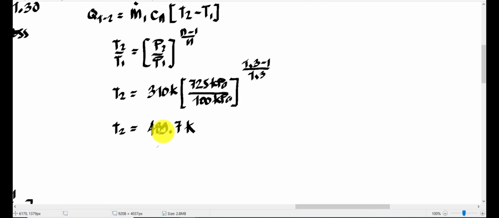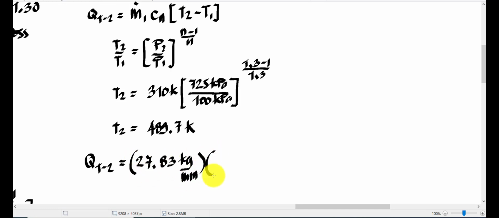So let's continue our solution since we already have the values. We can compute the heat rejected during the compression stroke. For the mass flow rate, that will be 27.83 kilogram per minute. Then we shall multiply this by the value of Cn, which is negative 0.2456 kilojoule per kilogram Kelvin.